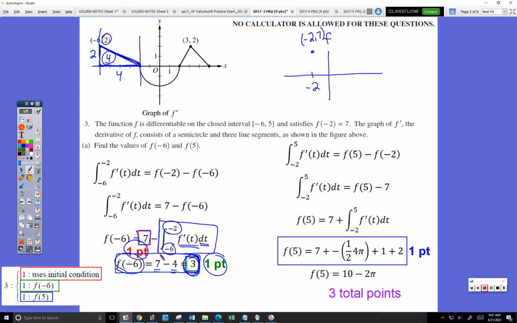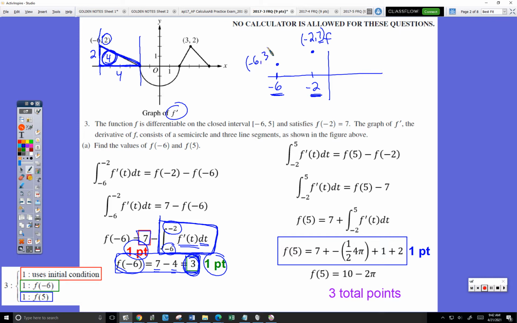So this integral of f prime from x equal negative 6, so that would be over here, to x equal negative 2, tells me how much f changes from an x-coordinate of negative 6 to an x-coordinate of negative 2. So the value of the integral was 4. That means that because we ended up with a value of f of 7, we must have had a value over here of 3.